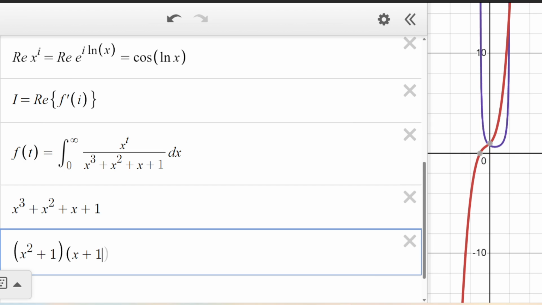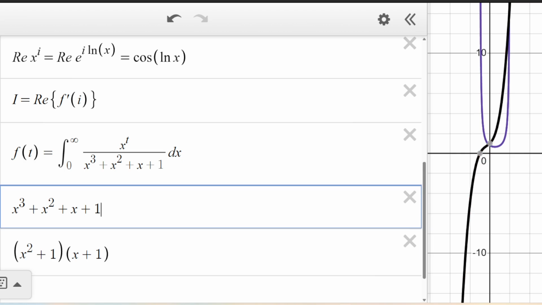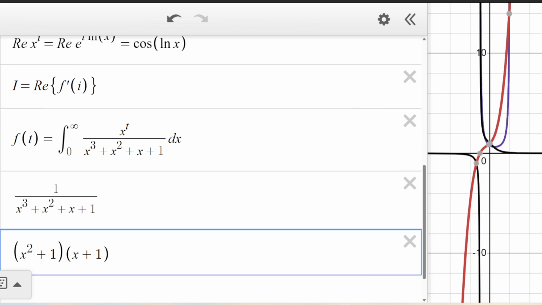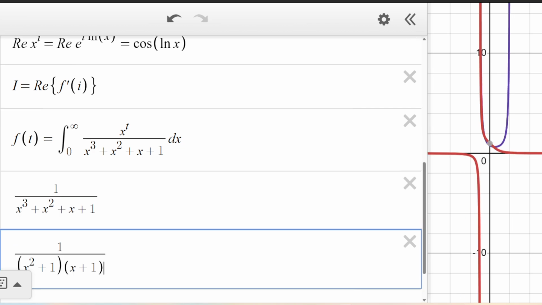And so we can say that 1 over this is equal to 1 over this. Well, we can use partial fraction decomposition on this. Let's see.